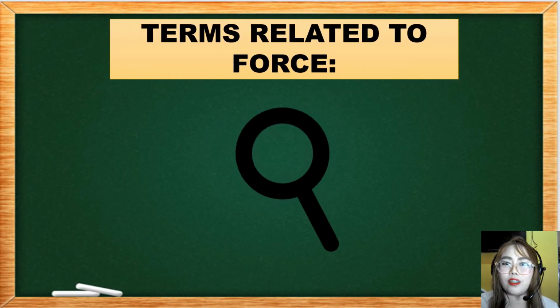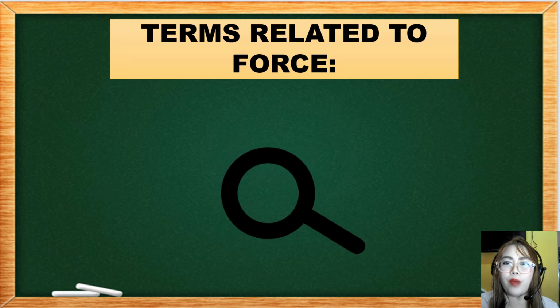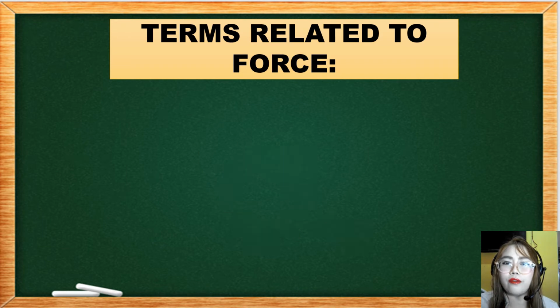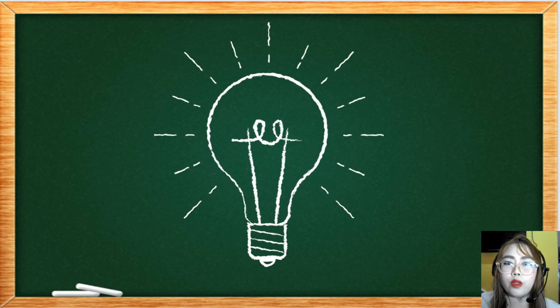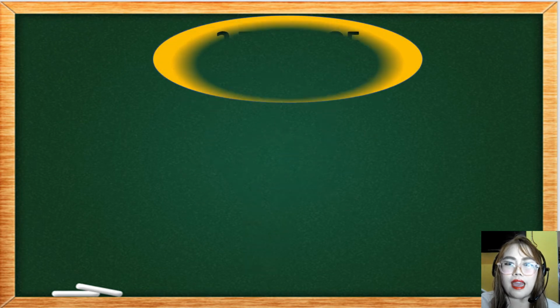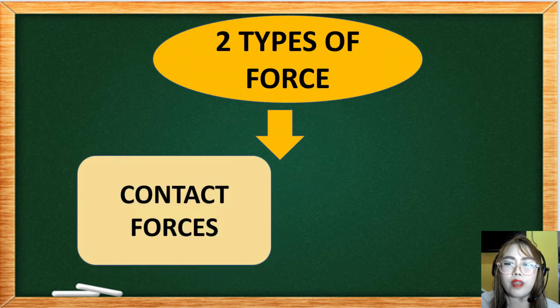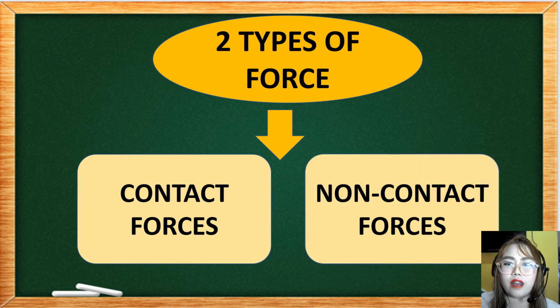You even describe force by familiarizing some terms. The following are magnitude, direction, point of application, and line of action. We also read and identify the types of force, namely contact forces and non-contact forces.